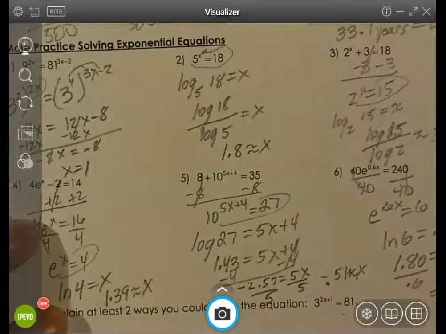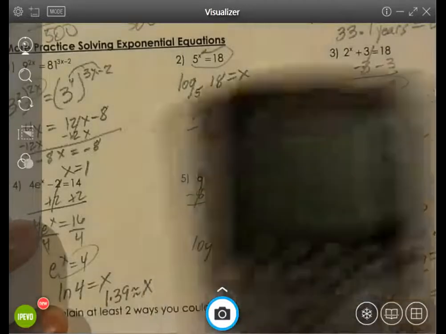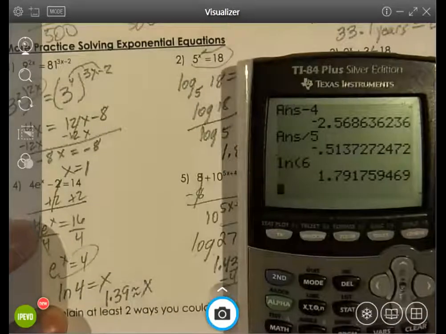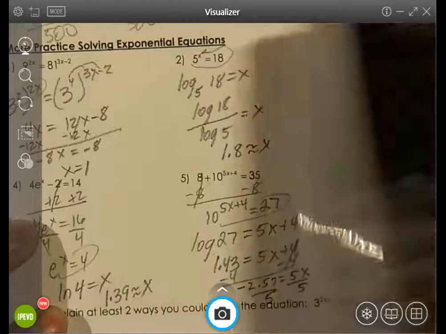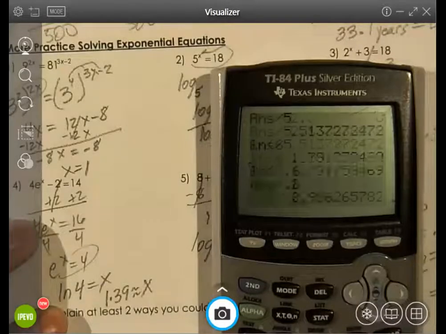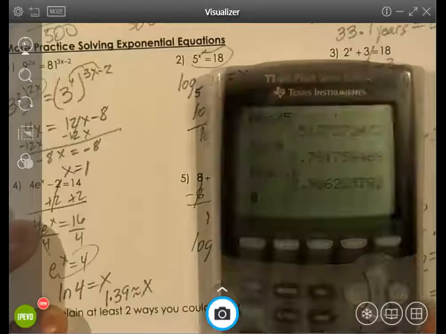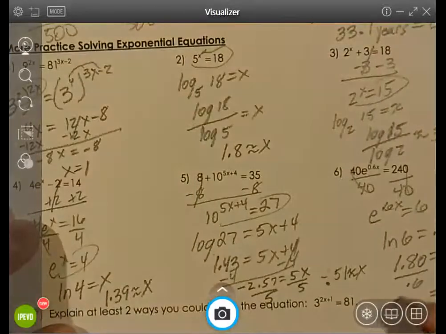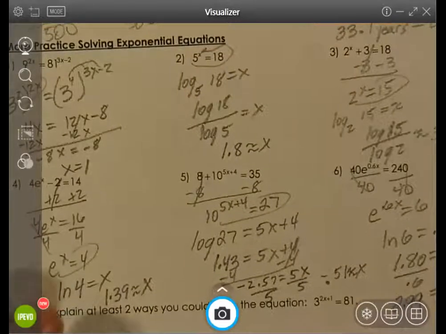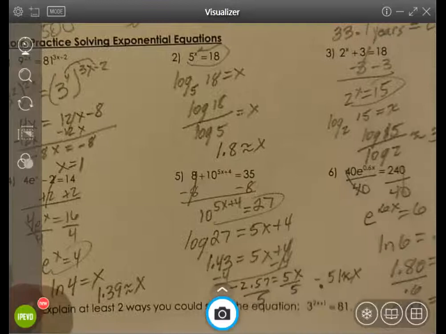That goes in there 3 times. We divide that by 0.6. That goes in there 2.99. Just about 3 times. We might as well be as accurate as we can with that.